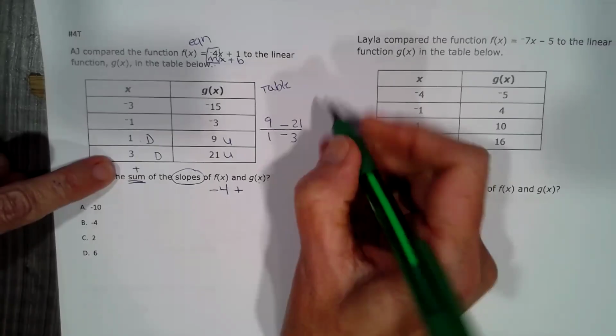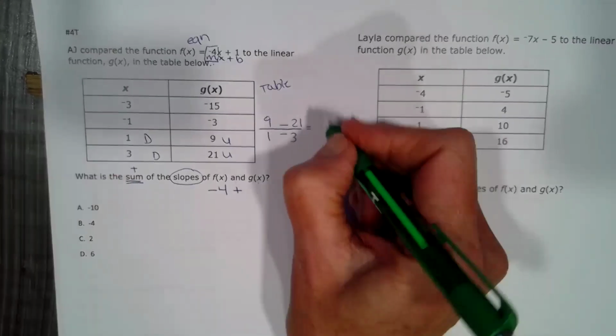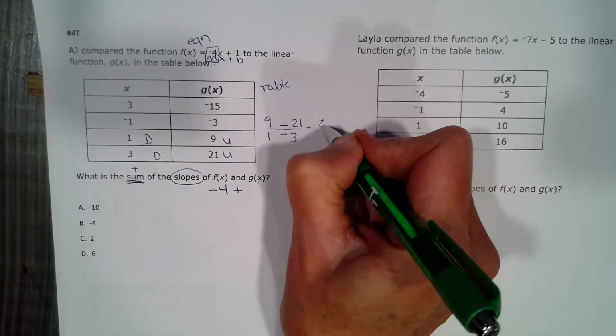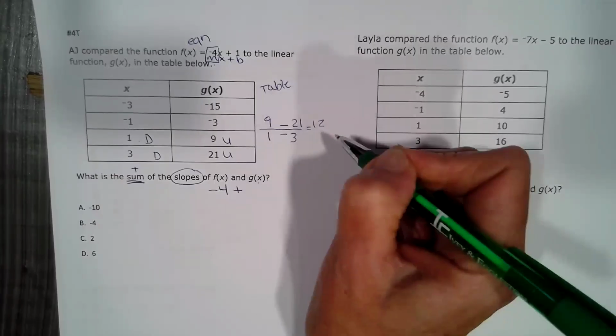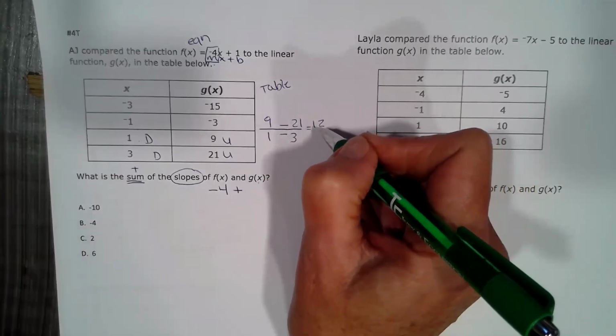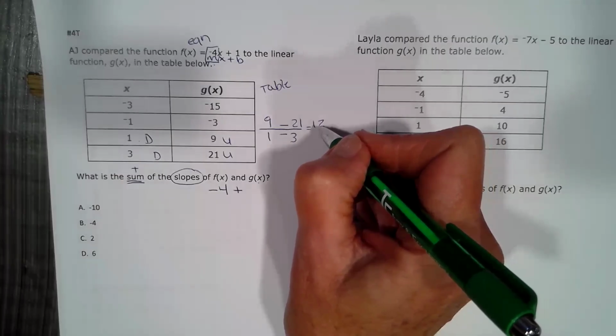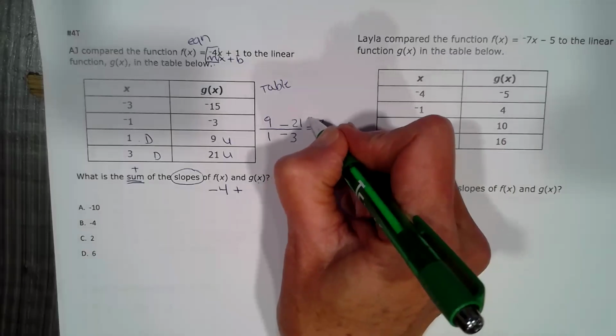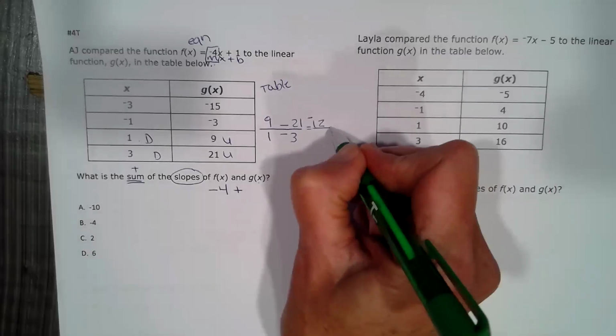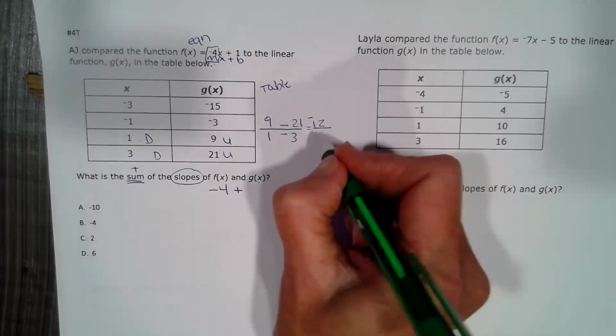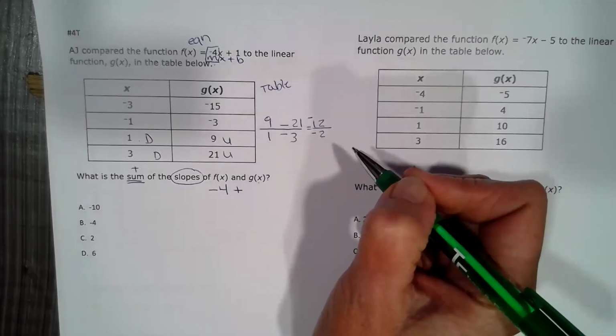We're going to simplify the top. And we get, wait a minute. Yep. We get 12 and it's going to be negative. Sorry. And now simplify the bottom and we get -2.